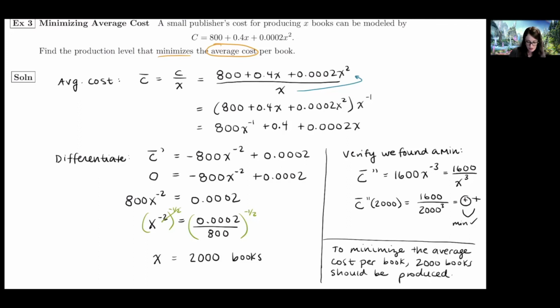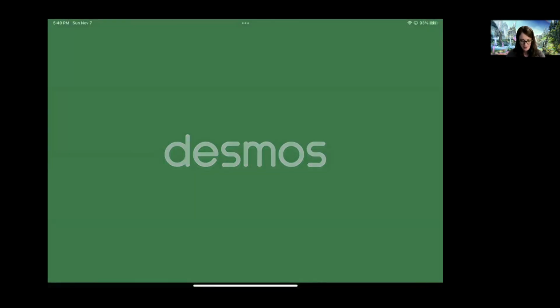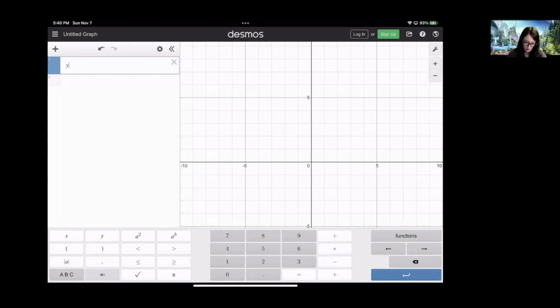You know, what we should probably do in order to just check our work is to graph our average cost function in a calculator or on the internet and make sure that our minimum makes sense, just to see if we did everything right. So take out your calculator or go to desmos.com and we can plot our original average cost function.